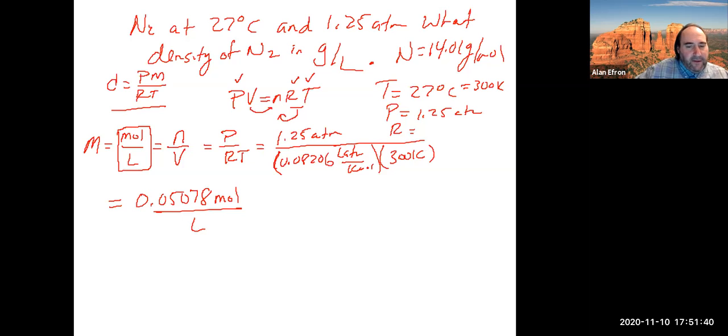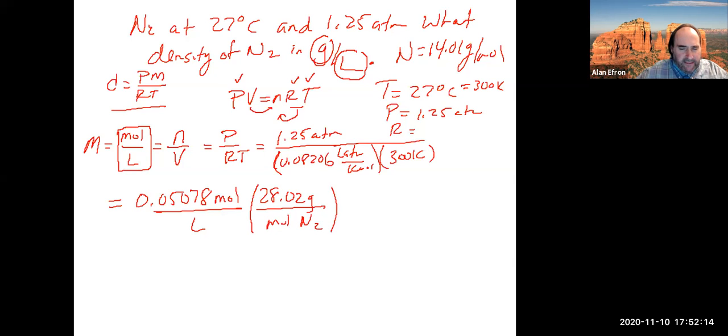And if I just think about units, I'm very close to what I need. I have liters on the bottom, so that part's good, but I need grams on top, and I have moles on top. So really what we could do is convert the top from moles to grams, and that's where the molar mass comes into play. This is N2, which would be 14.01 times 2 for the molar mass, and that gives us 28.02 grams per mole.